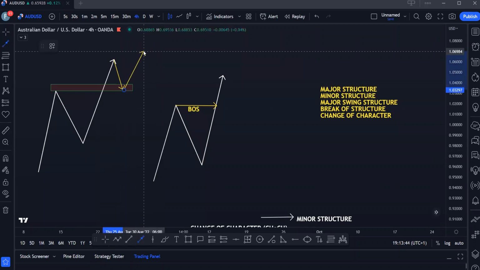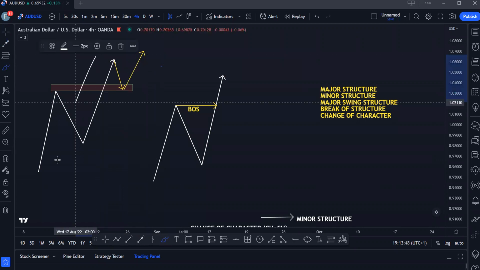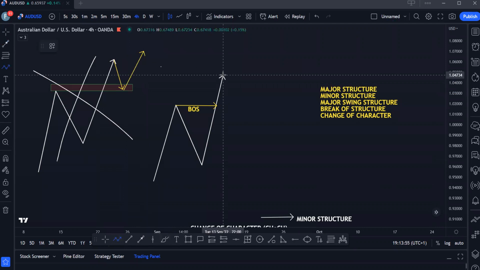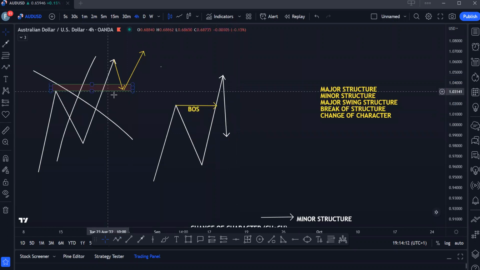But when you are trading institutionally, you don't want to be a part of this. You want to take entry far below the break of structure. In this case, your higher low has to be way below this zone, because obviously a lot of people's stop losses are below this support zone.